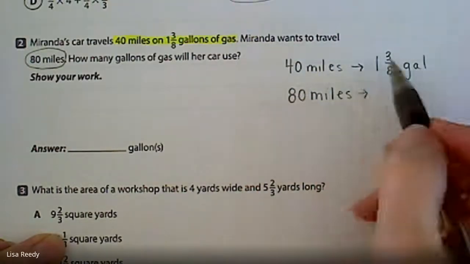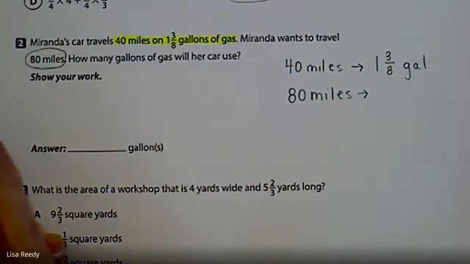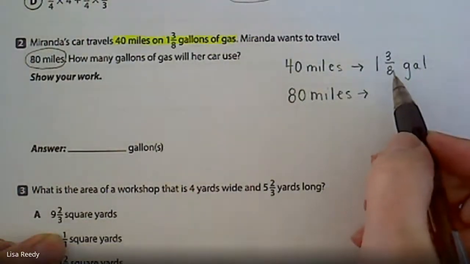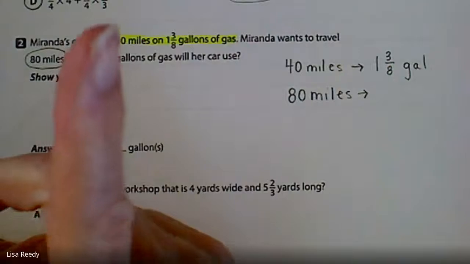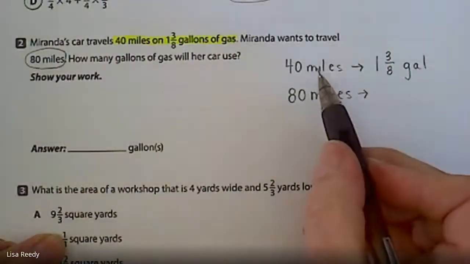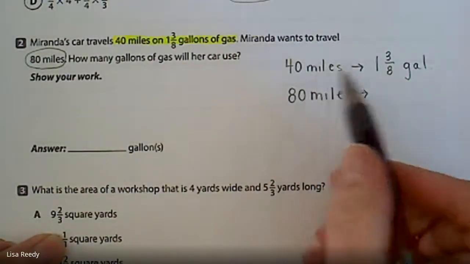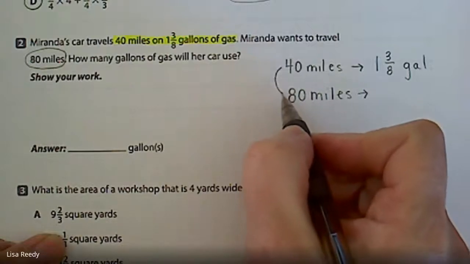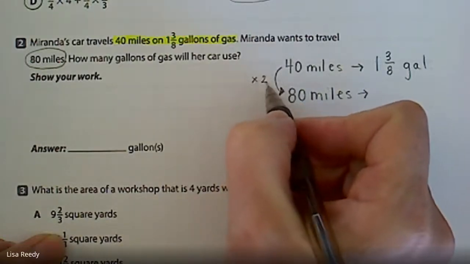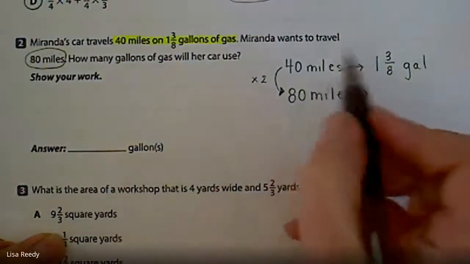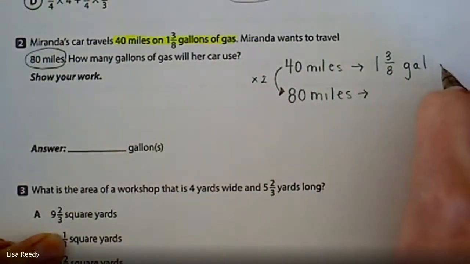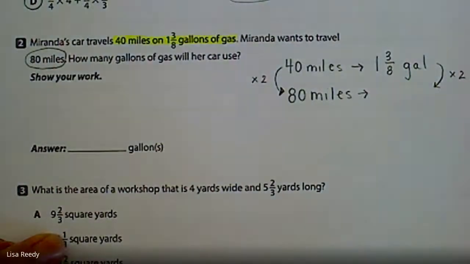Some people are going to want to do 80 times 1 3/8. That's not the case. It's not 1 3/8 gallons for every 1 mile. It's 1 3/8 gallons for every 40 miles. So how many groups of 40 miles does it take to get to 80? That is 2. So if it's 2 groups to get to 80, I need 2 groups of 1 3/8.